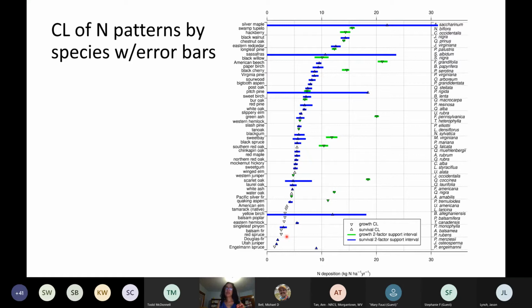So there was no point at which there wasn't a detrimental effect. So here we can't really set a critical load in the same way. We can only say that the critical load needs to be lower than this value.